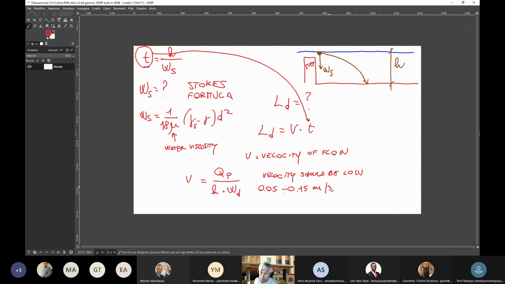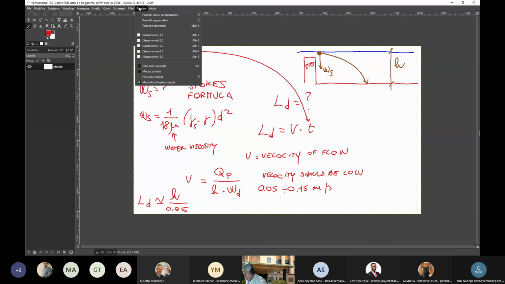And keep in mind, as a final consideration, there is an empirical formula which says that LD should be more or less equal to H divided by 0.06. So what is an order of magnitude for LD? I have seen sand traps that are like 30 meters long, and let's say that it may range between 10, 15 to 30, 40 meters. And this is the way it's designed.